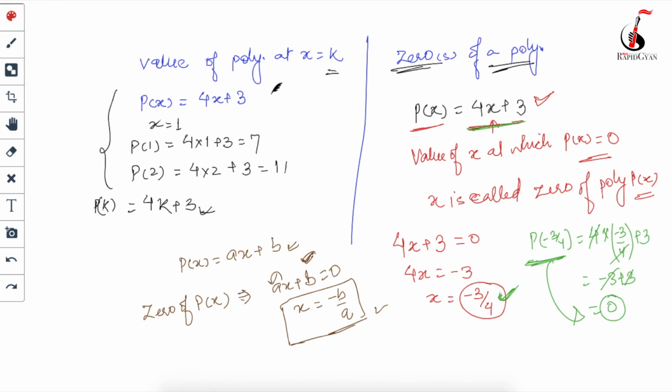I will write minus constant divided by coefficient of x. Okay, so in this way you can find the zero of a linear polynomial. Hope you guys understand how you will find the value of a polynomial or how you are going to find the zero of a polynomial.